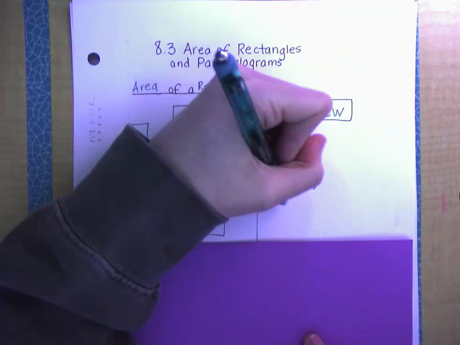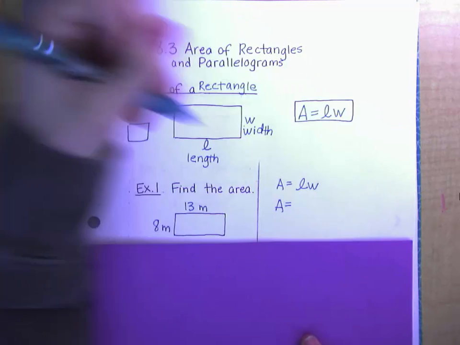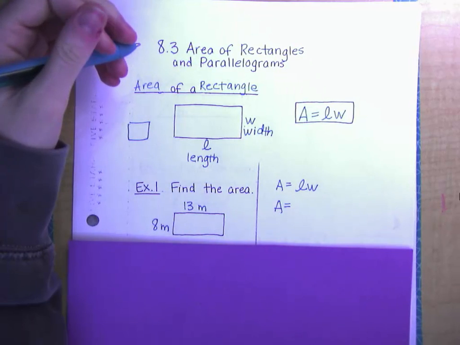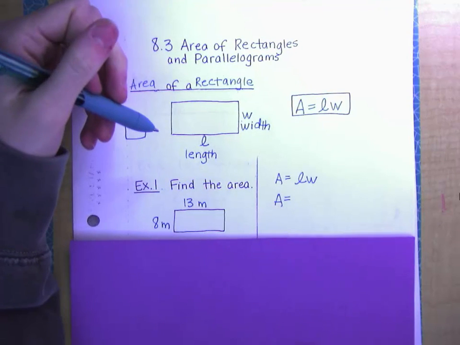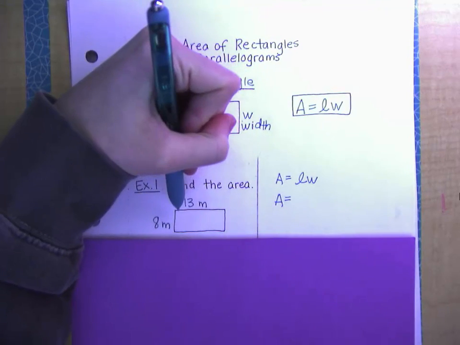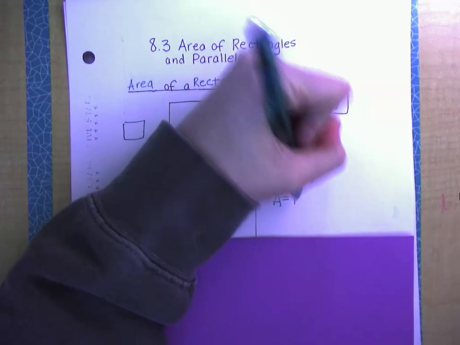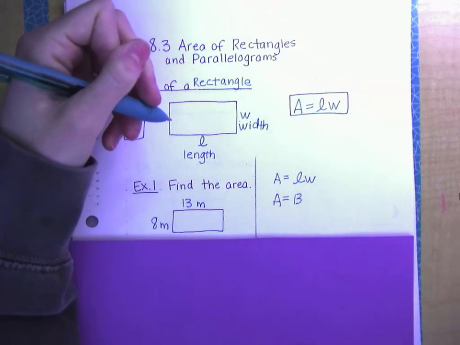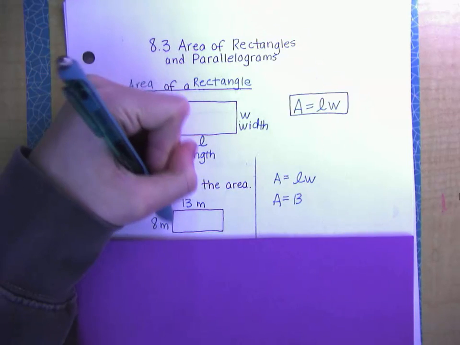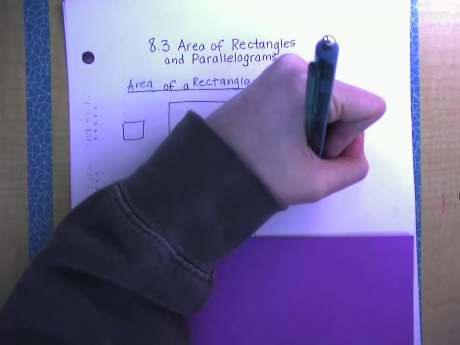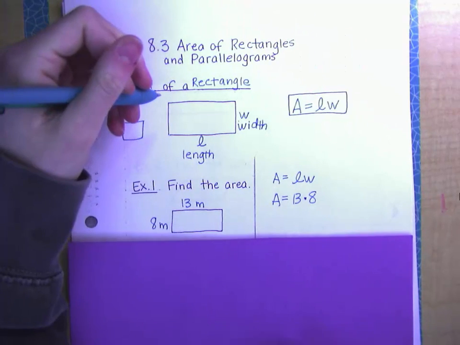So then I just have to plug in the numbers I've been given to find the area. So the length, which remember is the longer side, is going to be 13 meters. So I'm going to plug in 13 for length. And the width is going to be 8 meters. So I'm going to plug in 8 for the width.